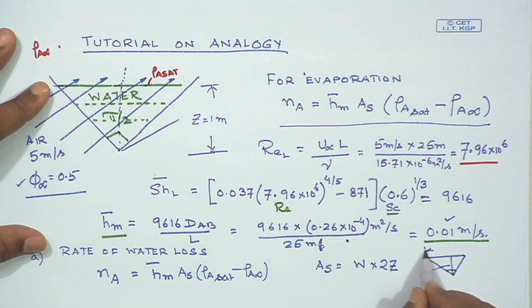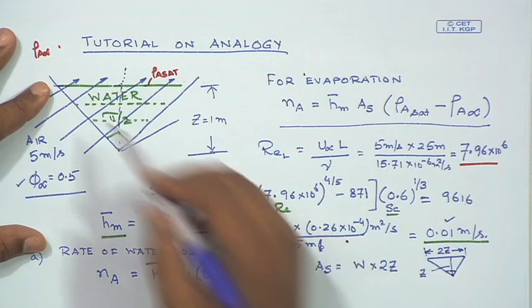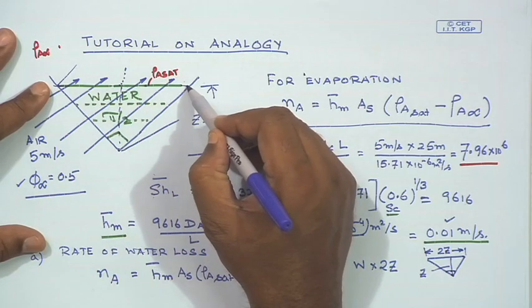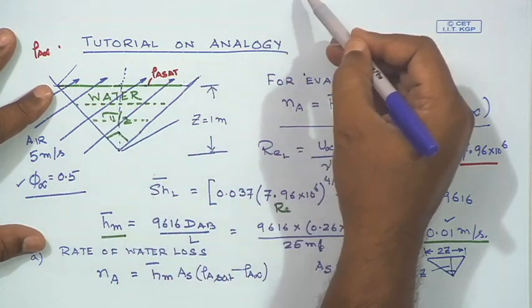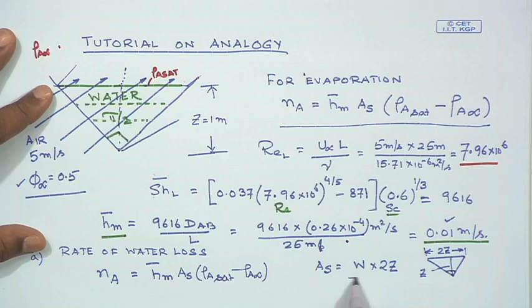So, the base is simply going to be equal to 2z. The surface area available for mass transfer would simply be twice z multiplied by L.